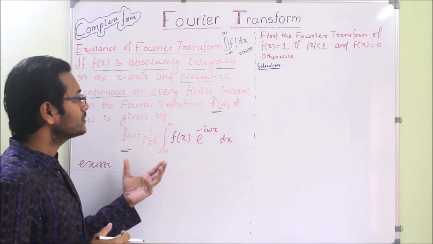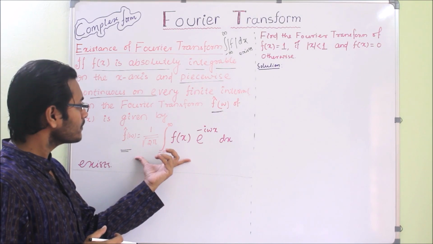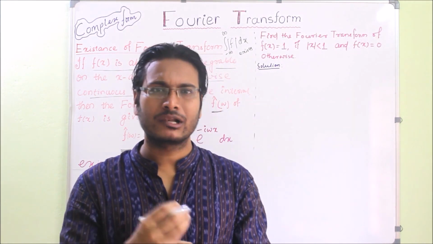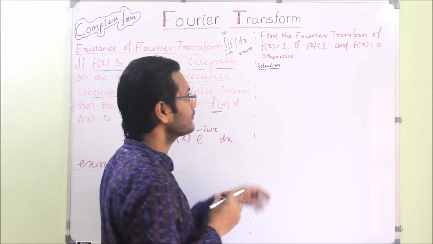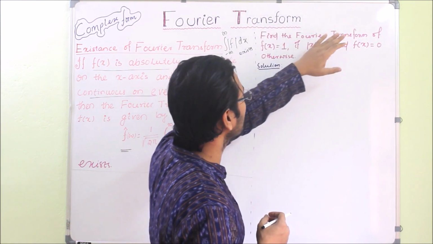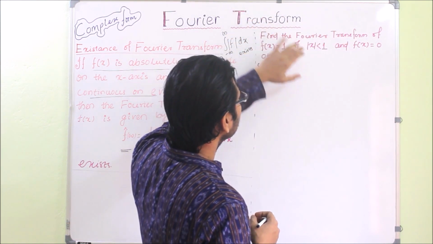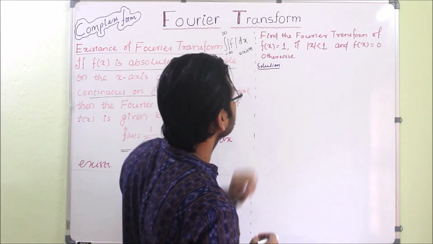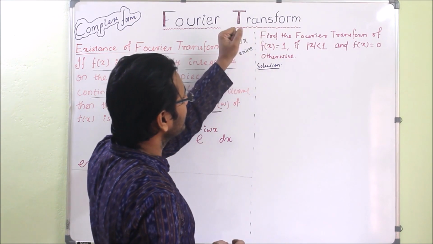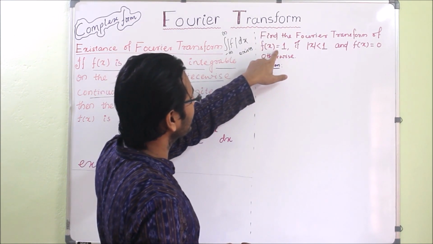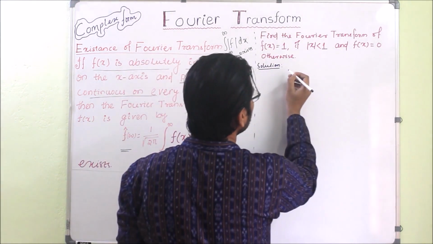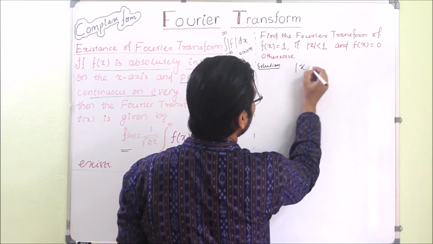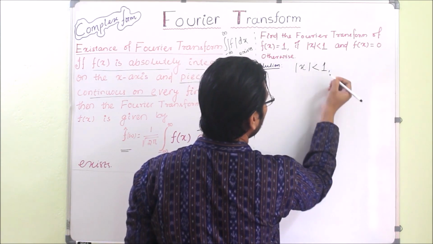Now how do we use this Fourier transform to find the Fourier transform of a simple function? We are taking a simple problem. Find the Fourier transform of f of x equal to 1 if mod x less than 1, and f of x equal to 0 otherwise. When this type of problem is given, first we have to see what f of x is, so we have to see the domain. The first domain is mod x less than 1.